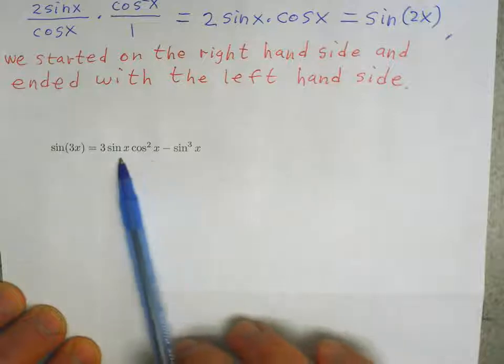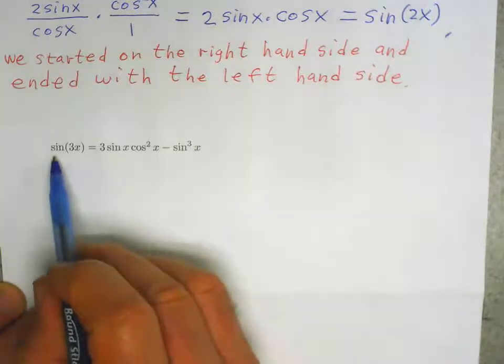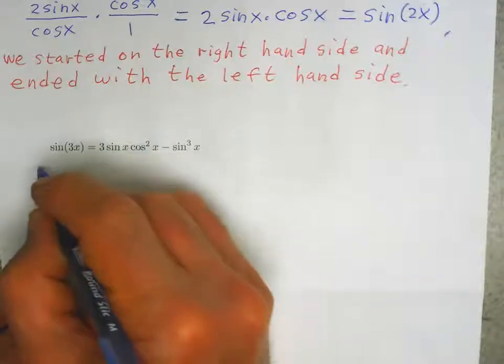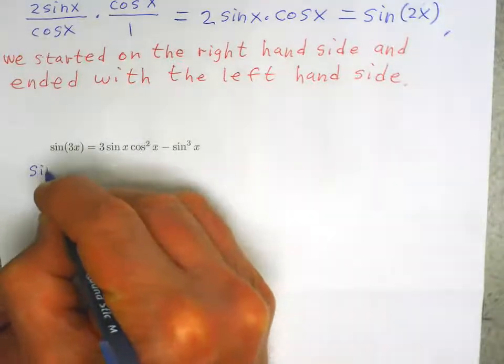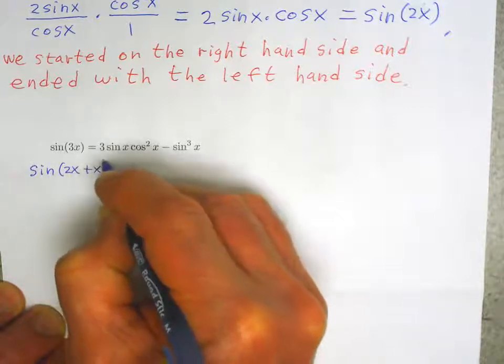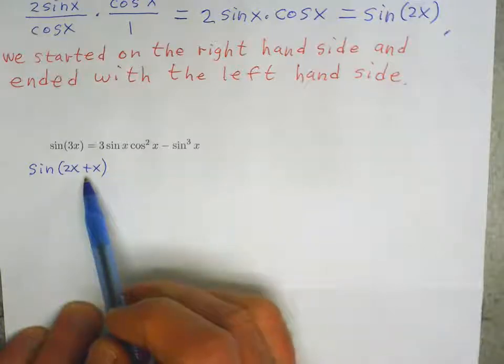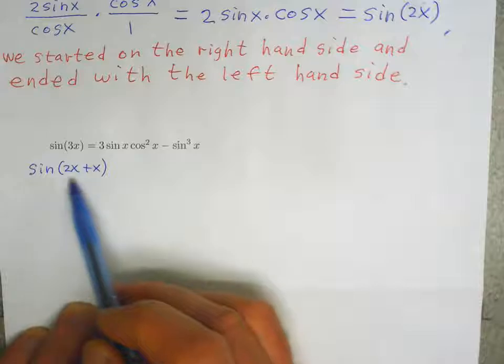We could start with the right-hand side, but I'm going to rewrite sine of 3x as sine of 2x plus x. And then I'm going to use the sum formula for sine.